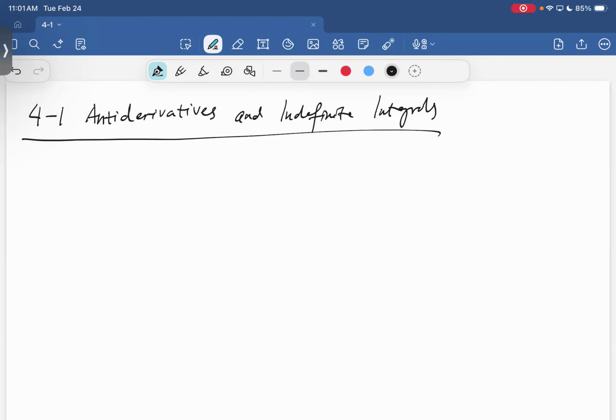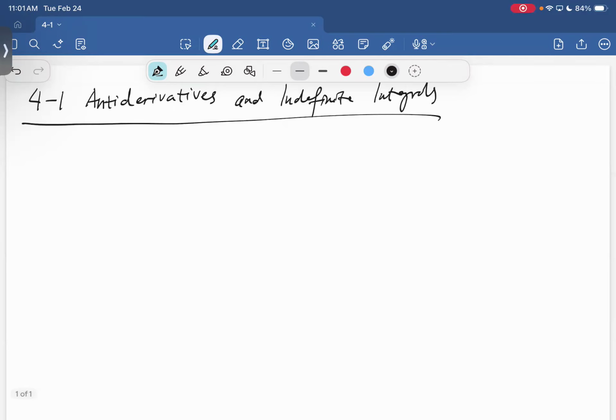Okay, so what is an antiderivative? An antiderivative is simply the inverse of a derivative. As you remember, when we go from a function to its derivative, for example, we might have the function x cubed.